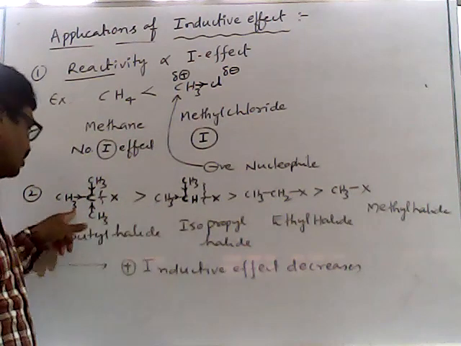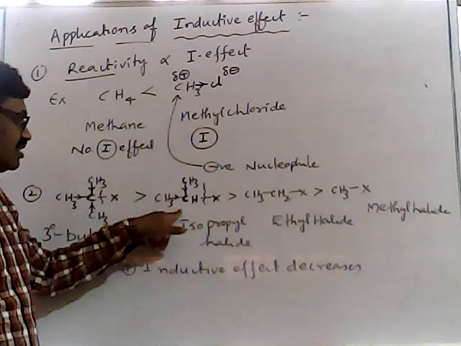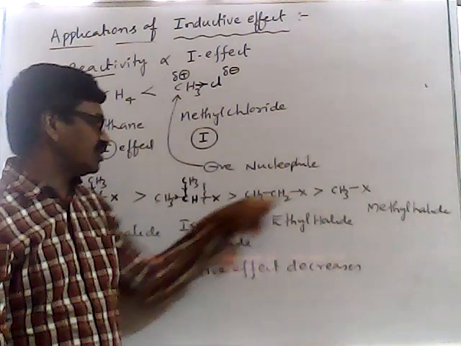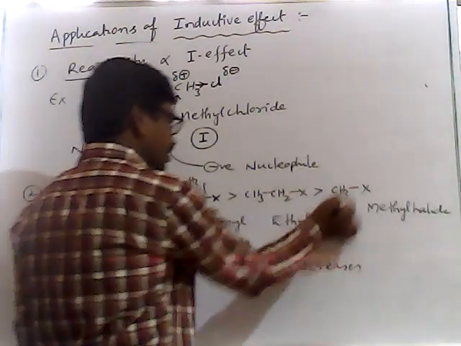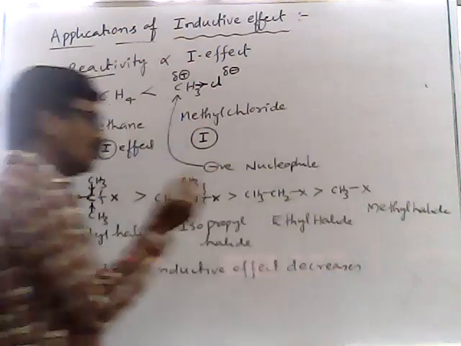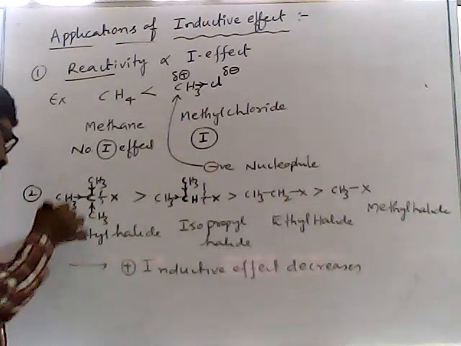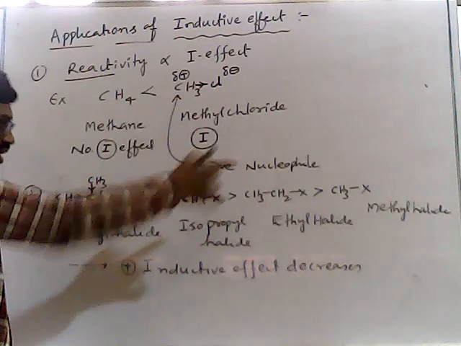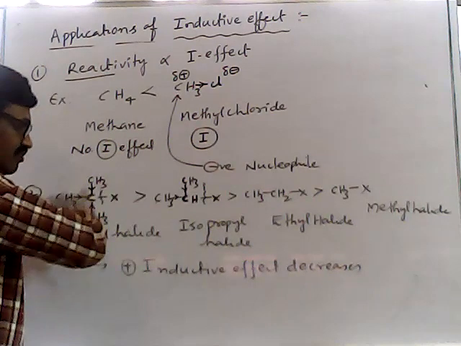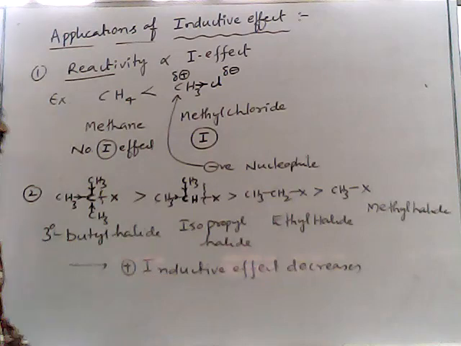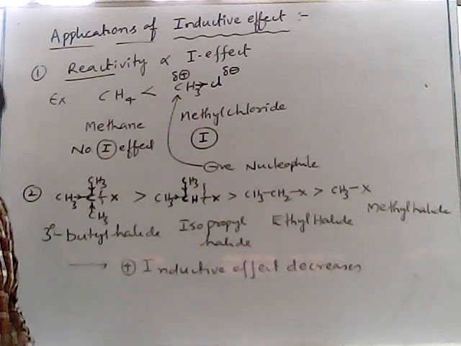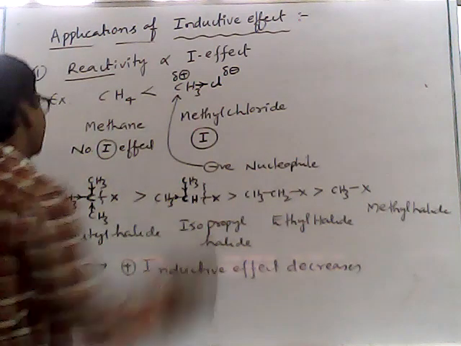That means here it is more reactive, then reactivity decreases from here to methyl halide. In methyl halide, there is only one methyl group, so there is no more inductive effect. So from tertiary butyl halide to methyl halide, from left to right, inductive effect decreases. Therefore, reactivity decreases.